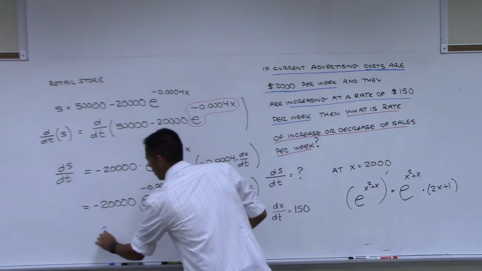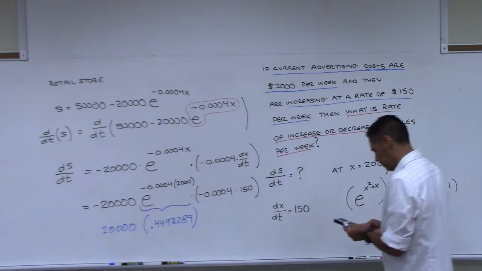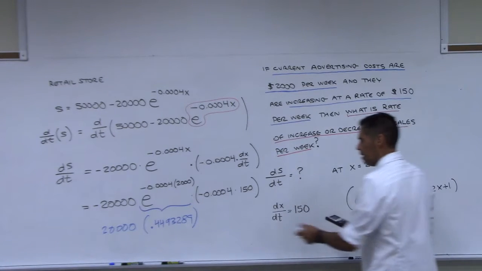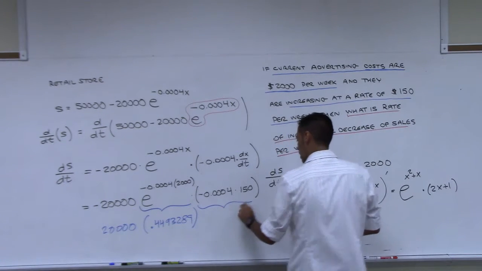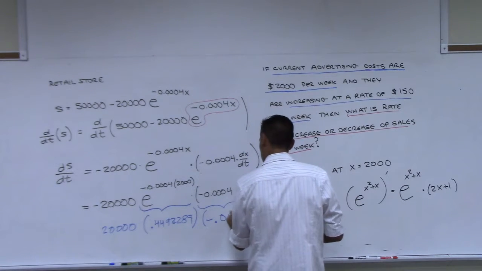Of course, this is 20,000. And then this piece right here, on my calculator, is just negative 0.06.